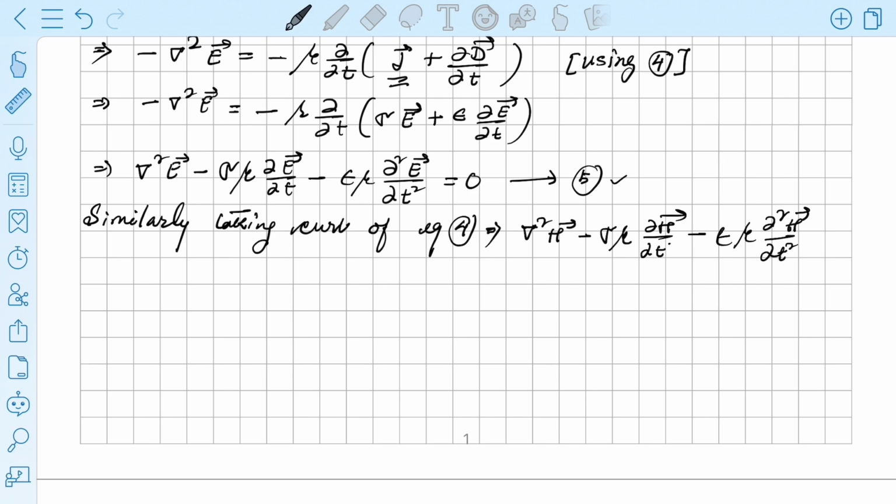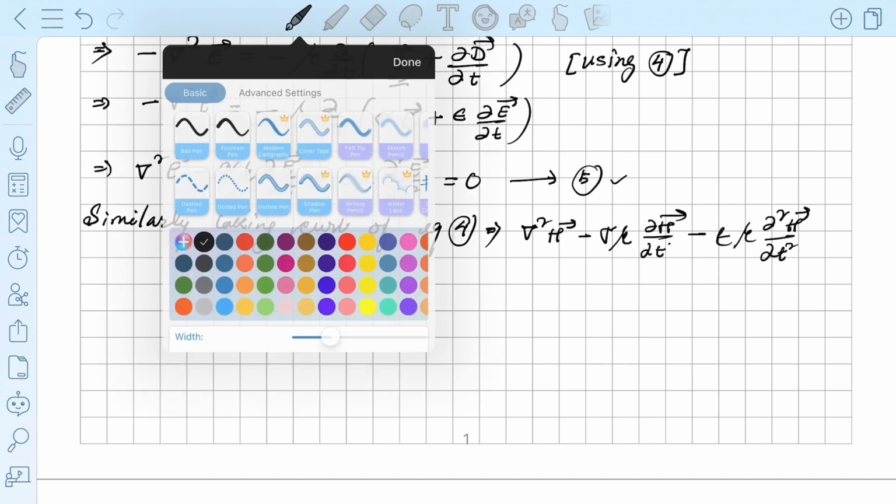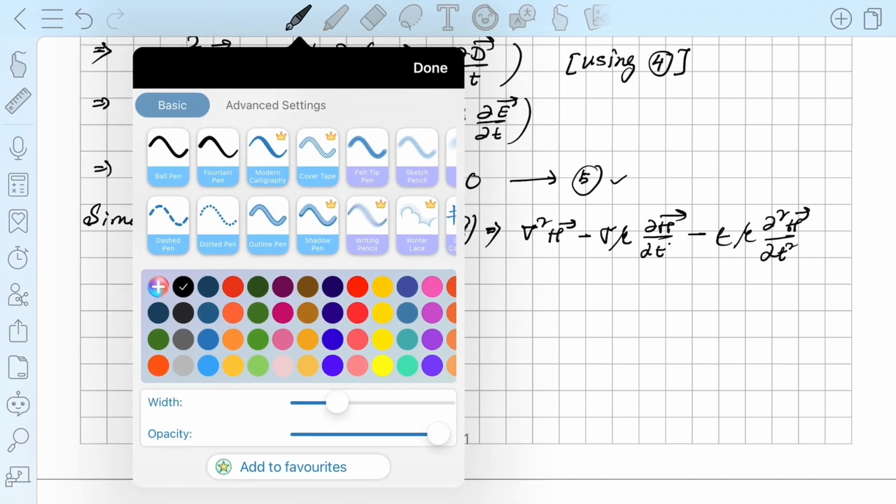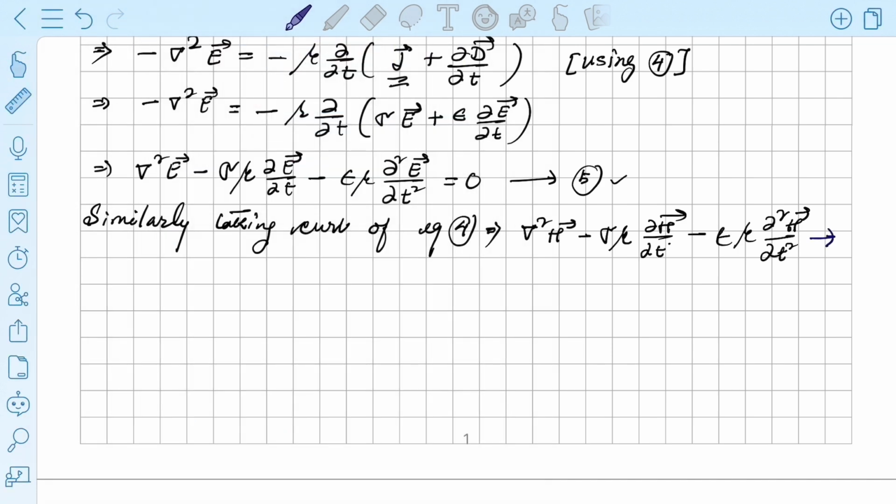That's what we're going to have, right? This one is equation number 6 and this is equation number 5.